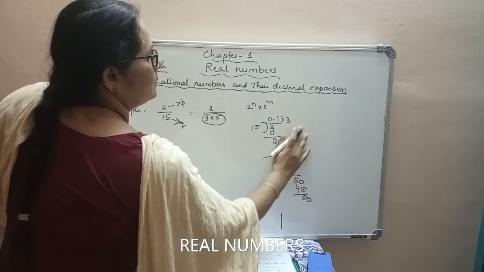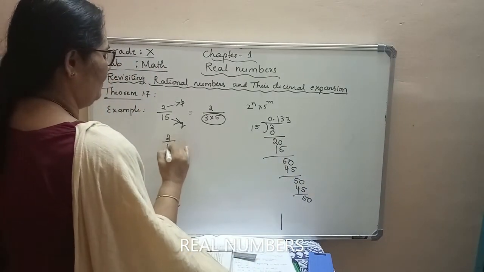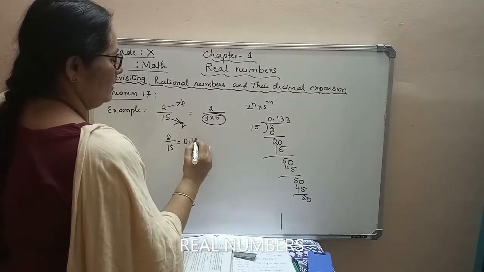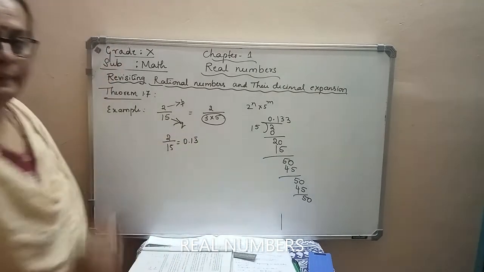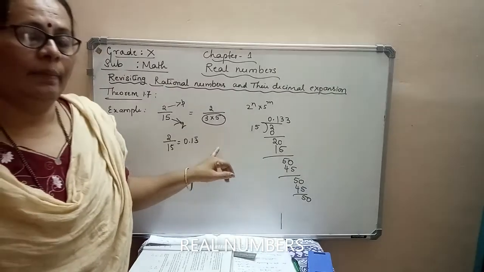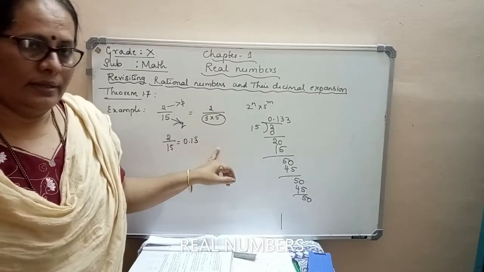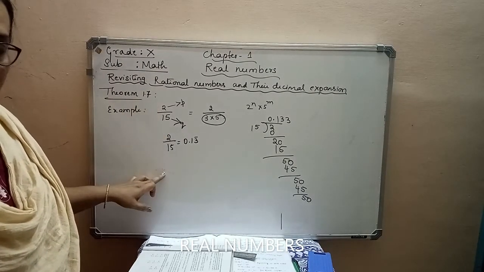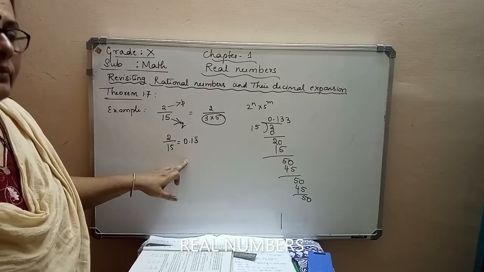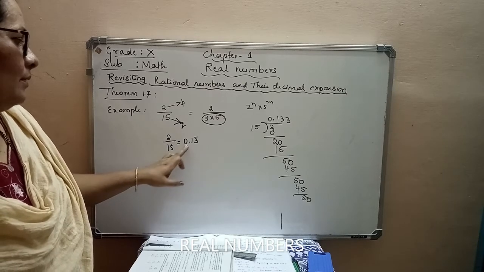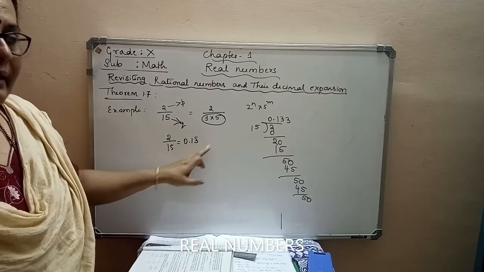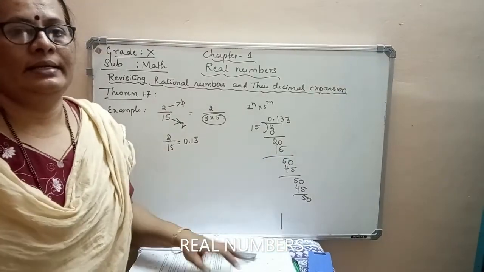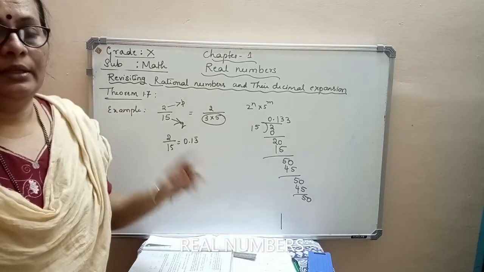So the decimal expansion of 2 by 15 is 0.13333. So 3 is repeating, recurring. So the decimal expansion of 2 by 15 is 0.1333, non-terminating, recurring decimal expansion.